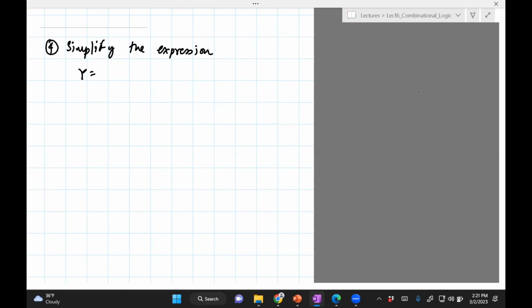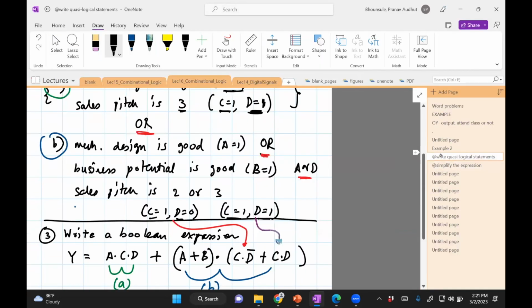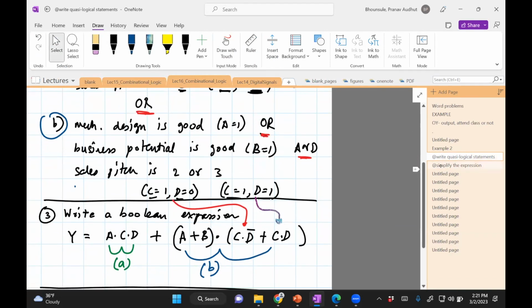Here I rewrite it: A, C, D plus A plus B dot C times D. Just check that. It looks good.